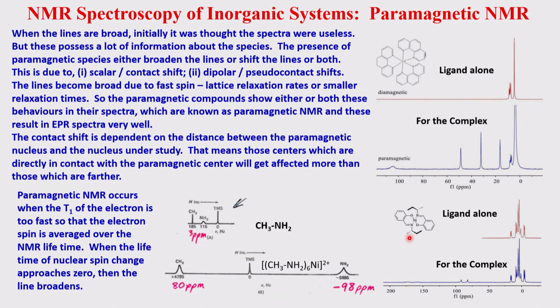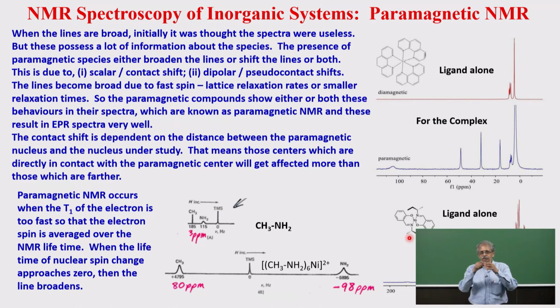I have already explained to you initially that paramagnetic NMR comes because of the transition metal complexes, where the transition metal ion itself has an unpaired electron. What will it do? It can broaden the spectrum, it can shift the lines, it can do both. That means broaden and shift the lines, otherwise confined to a small range, which is called diamagnetic NMR.